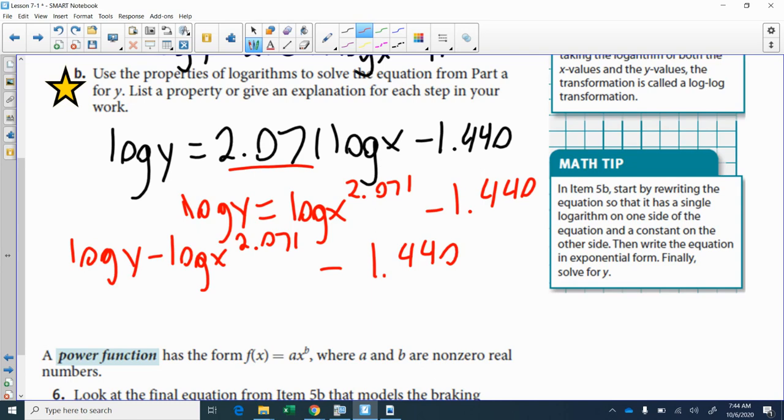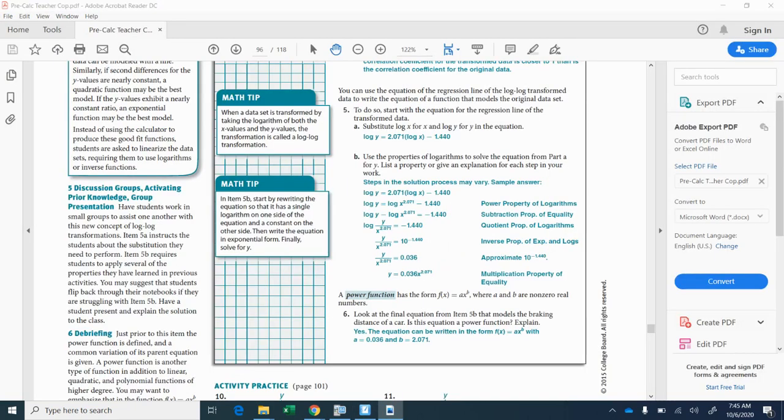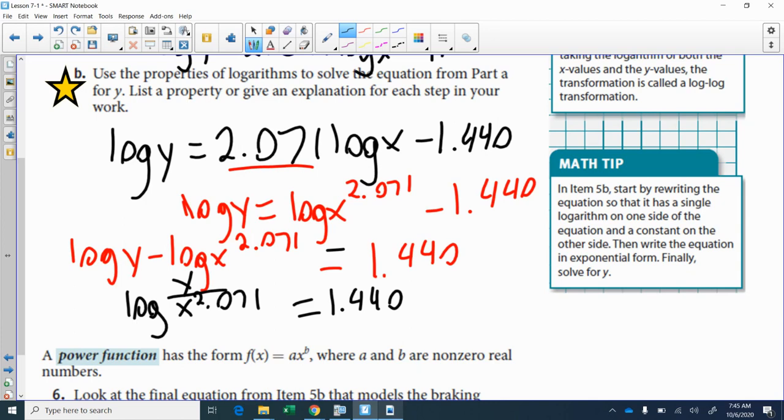From there, subtraction, we can use properties to combine these two logs together. This would become log of y over x, 2.071. And that's going to be equal to 1.440. I can take this to a base of 10 on each side.